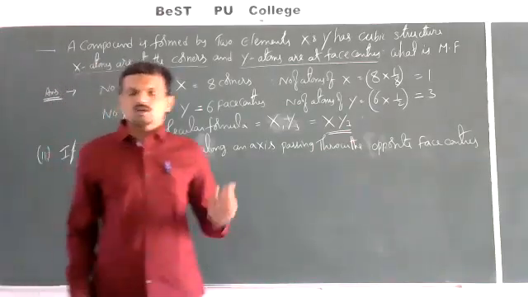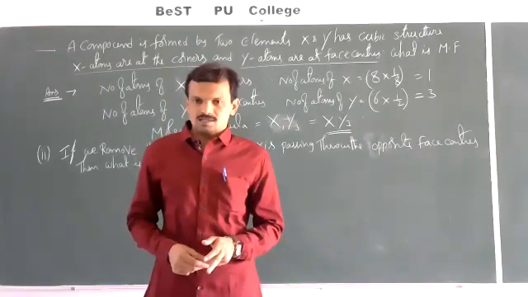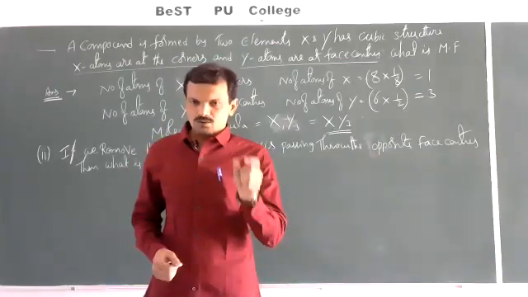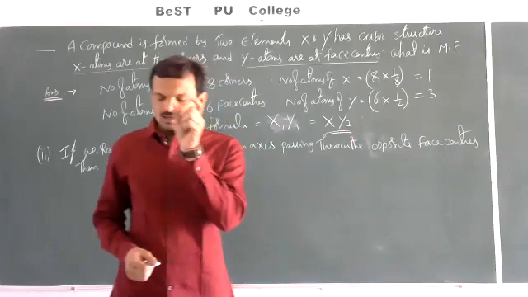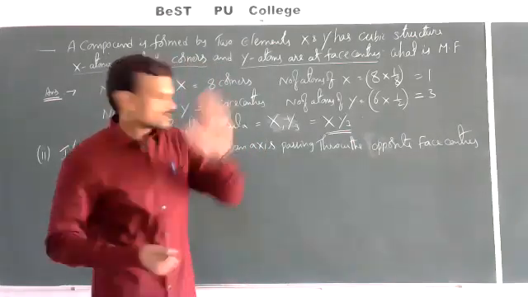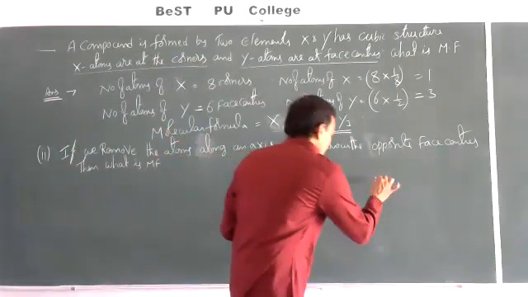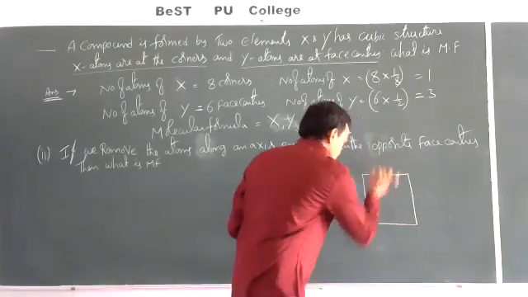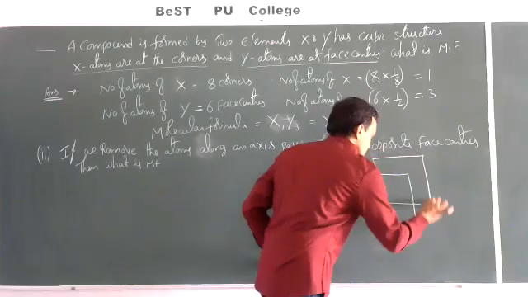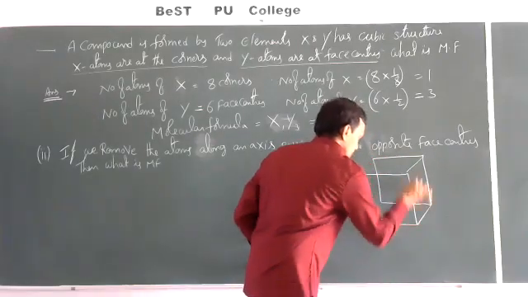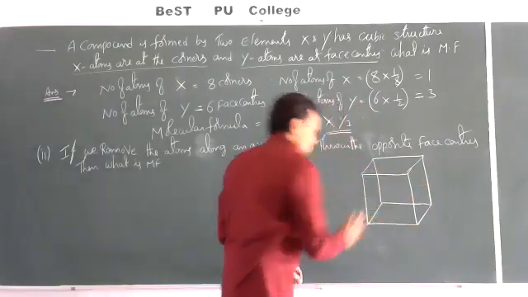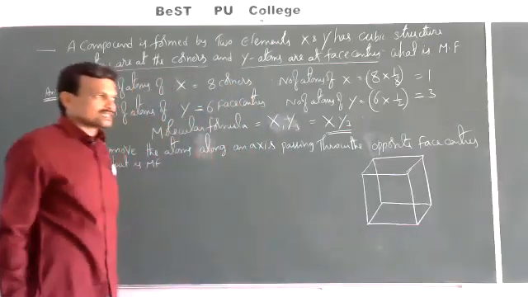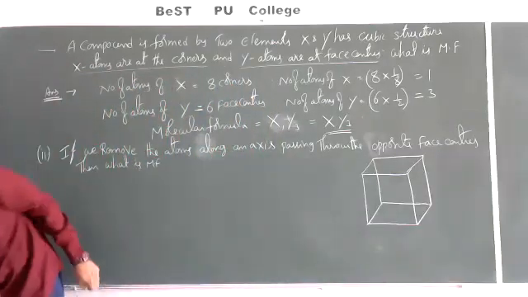Here, if you remove the particles along one of the axes passing through the opposite face centers, first I will mention the position of the particles. Atoms of X are present at corners.